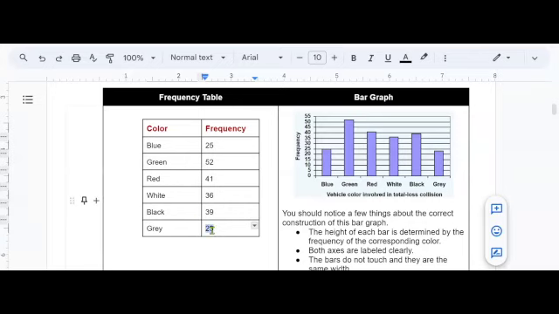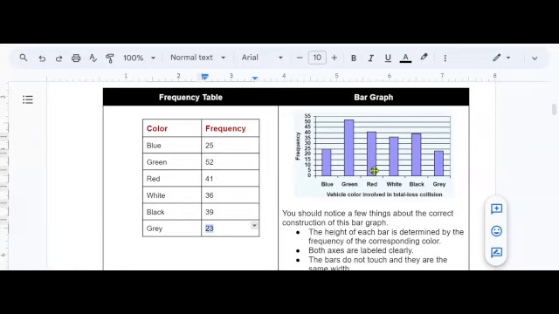Okay, so you can take a look at the numbers here and decide which one has the lowest accidents. By looking at the table, which one has the lowest accidents? The gray, 23, right?